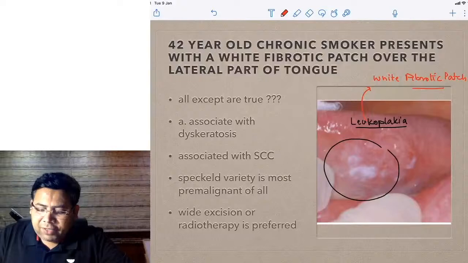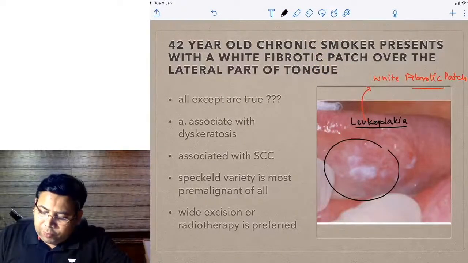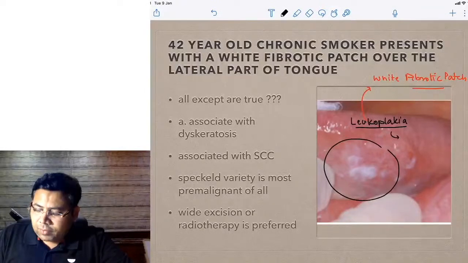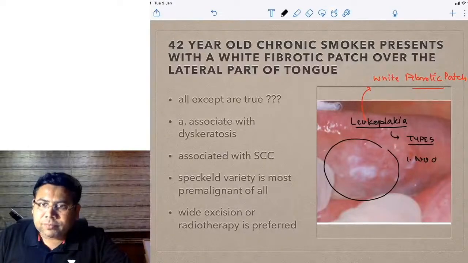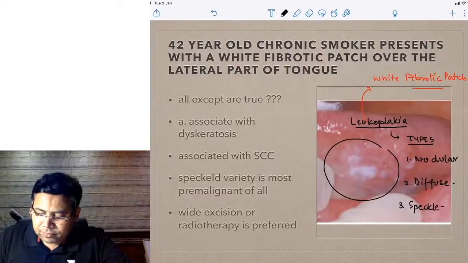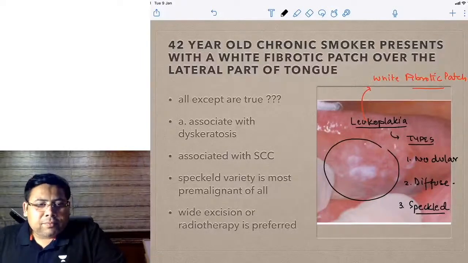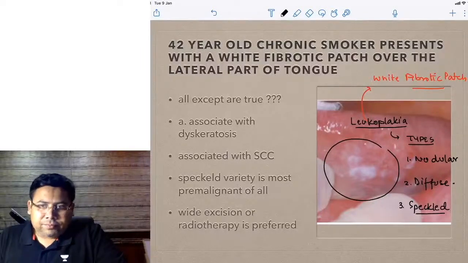The second very important thing that we all have to understand is that leukoplakia is of 3 types. What are the types of leukoplakia? We have the nodular type, the diffuse type, and the speckled type.